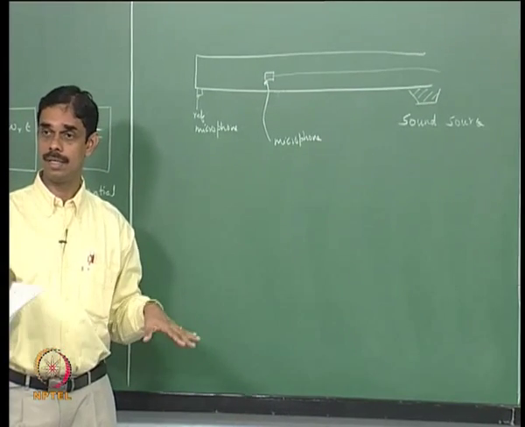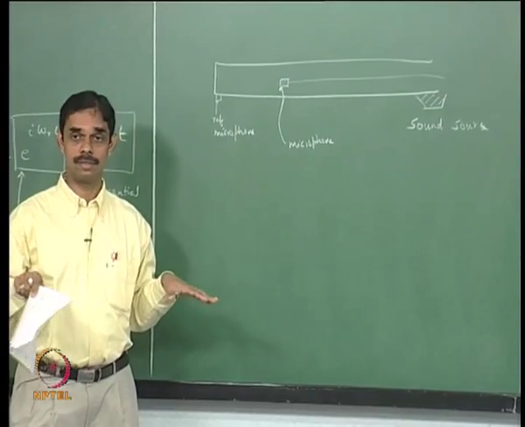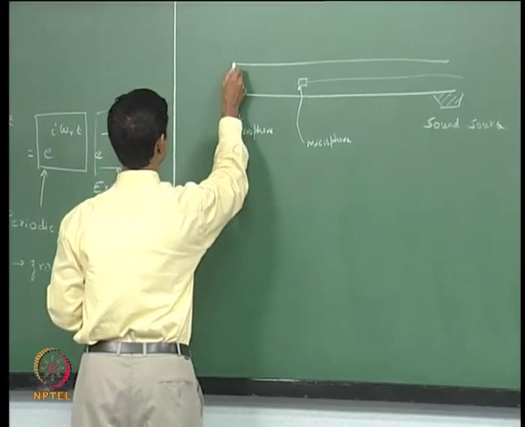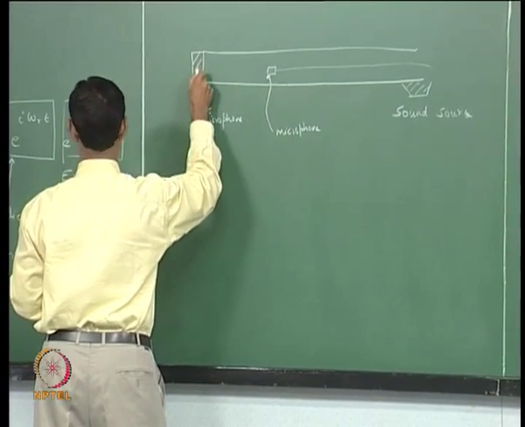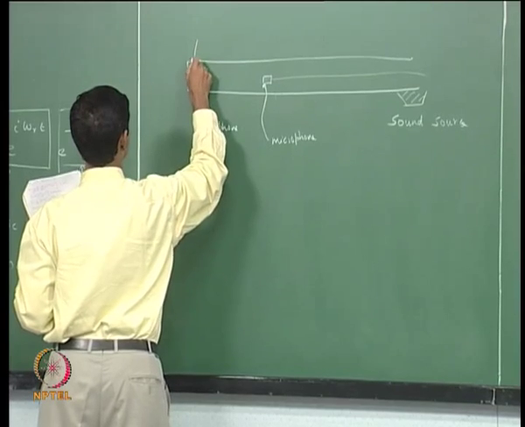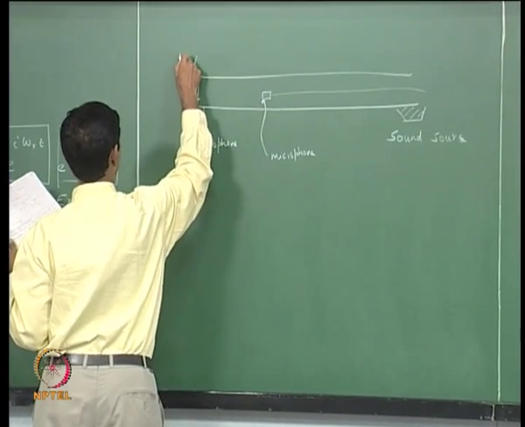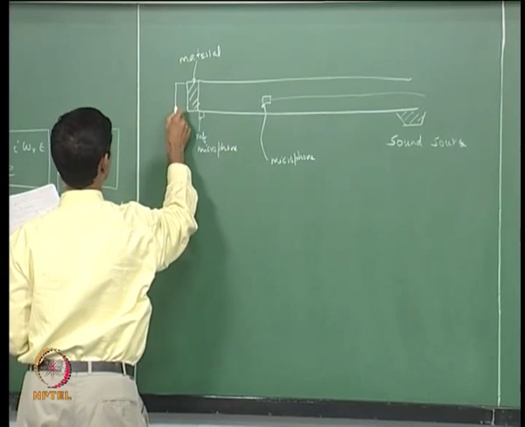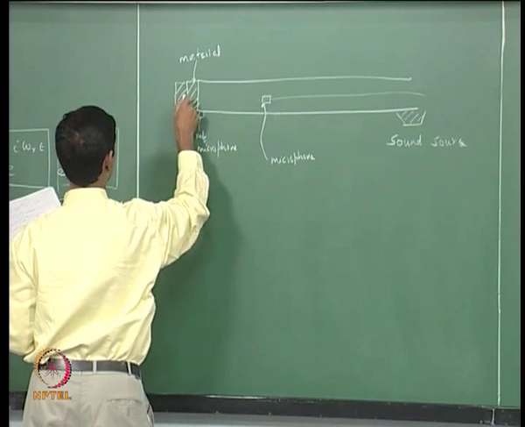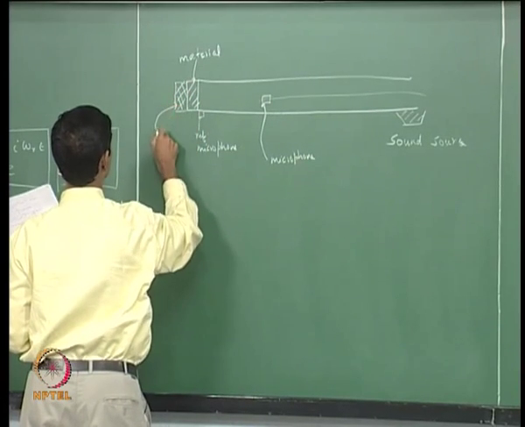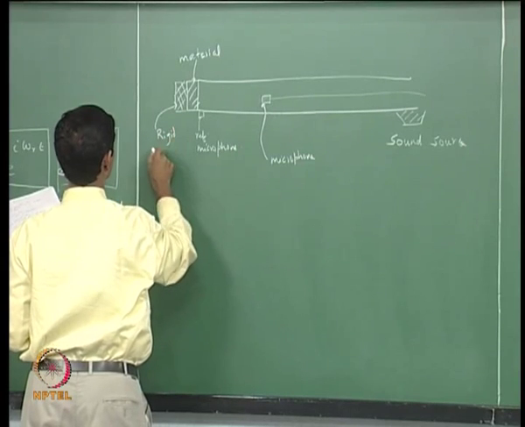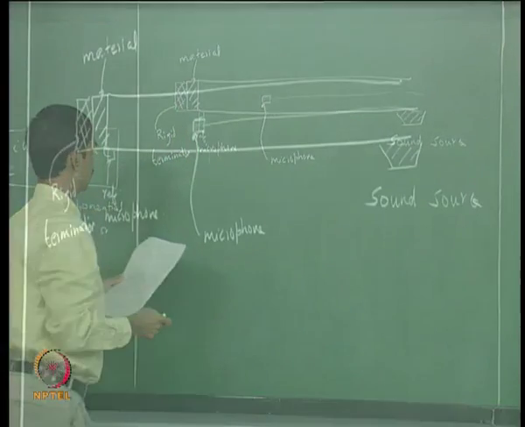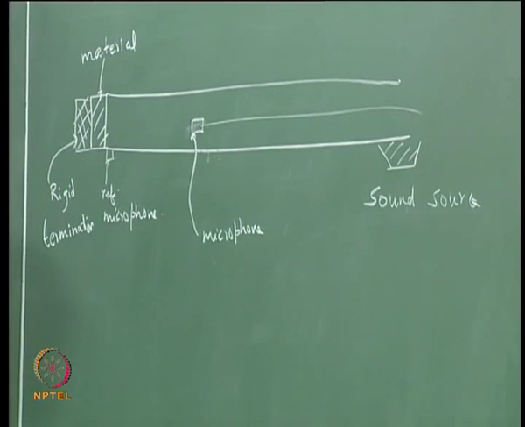Phase is found by comparing signals from two different locations, so two different transducers. So we always need a reference microphone, either at the end or someplace. Then we have the termination, or the material you want to study, and let us say we have a rigid backing, to hold this in place and to make sure that nothing comes in from any other side.